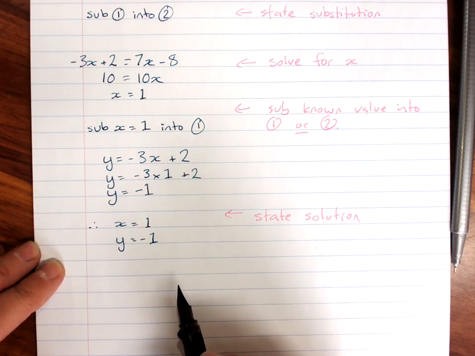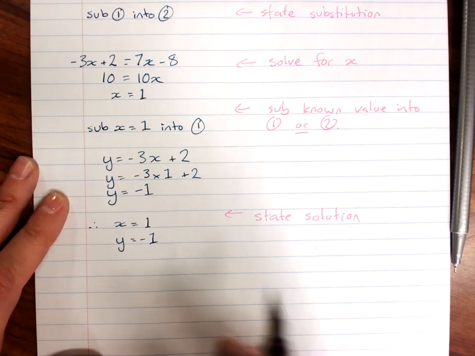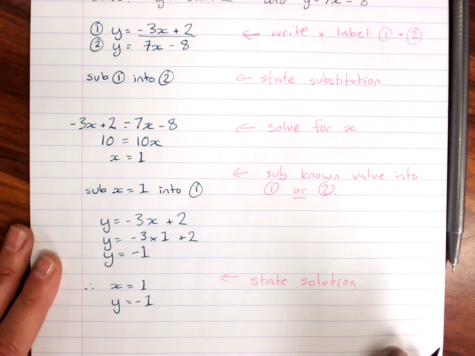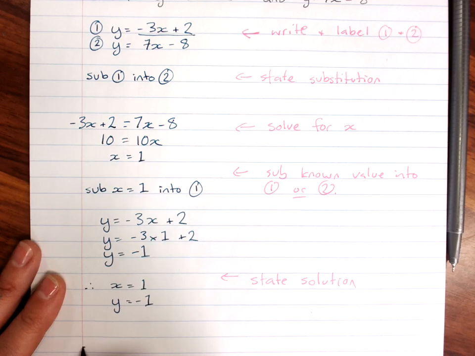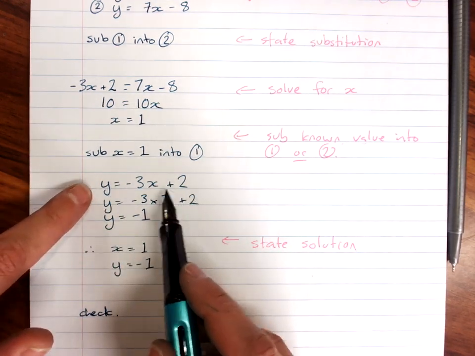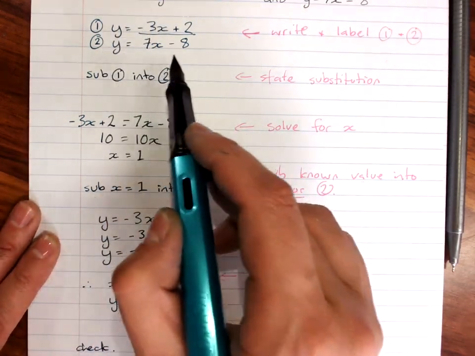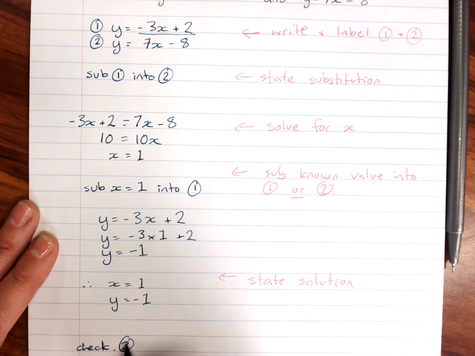But you also have to check somewhere separately to your solution, write a little check. Now you know this works for your first equation because you just did it, but double check that you're okay for your second equation. This isn't a part of your formal solution, but I want to see this check.